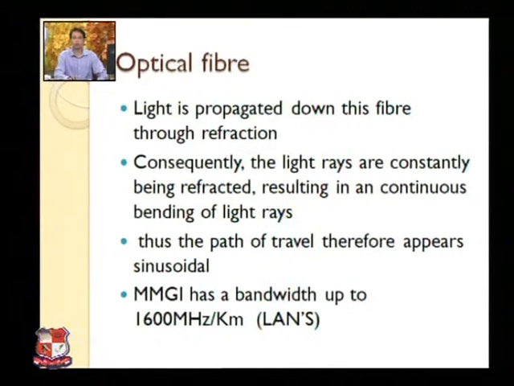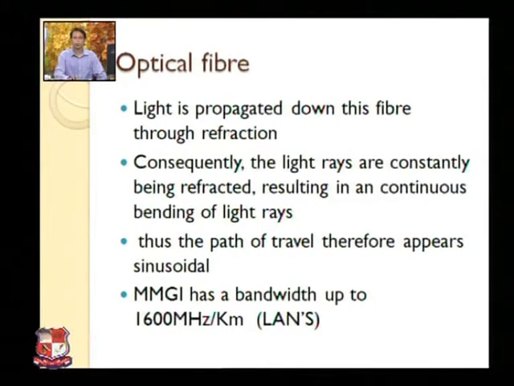Light is propagated down this fiber through refraction. Consequently, the light rays are constantly being refracted, resulting in a continuous bending of light rays, and thus the path of travel therefore appears sinusoidal.